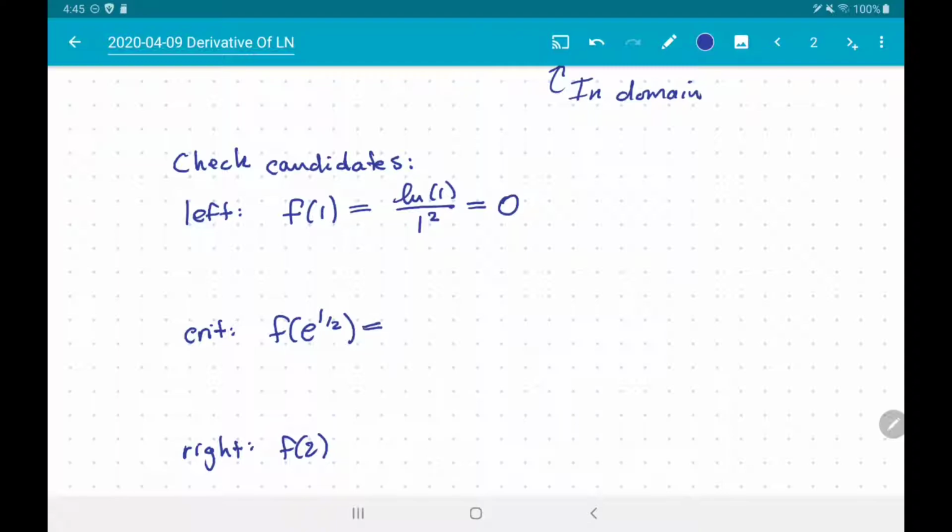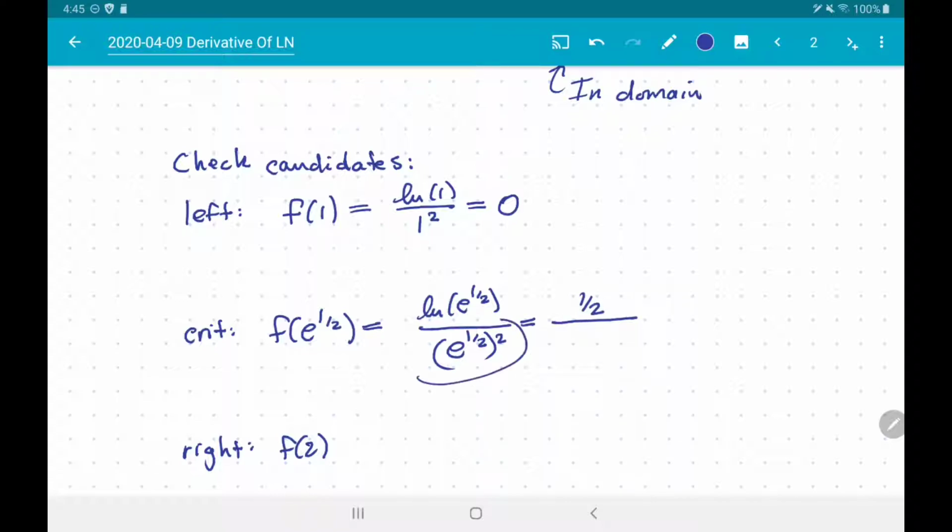F of e to the 1/2 is a little bit more difficult. You can just plug this directly into the calculator. Let me point out that the numerator simplifies. How does the numerator simplify? It simplifies down to just 1/2.